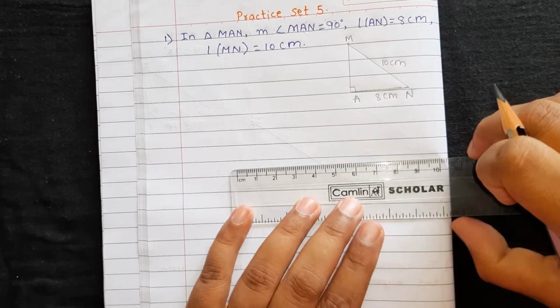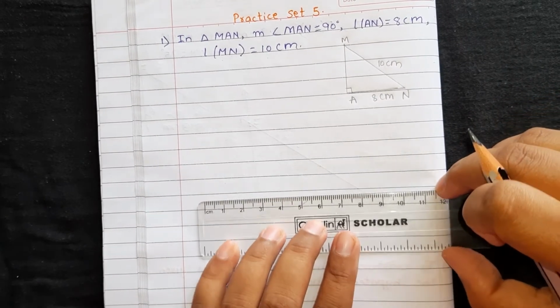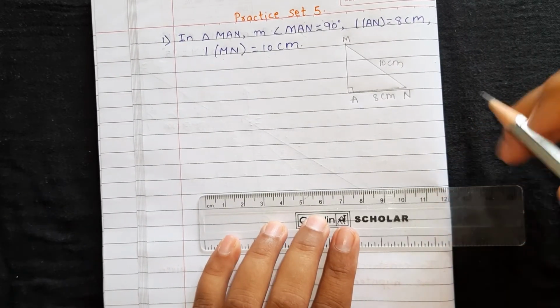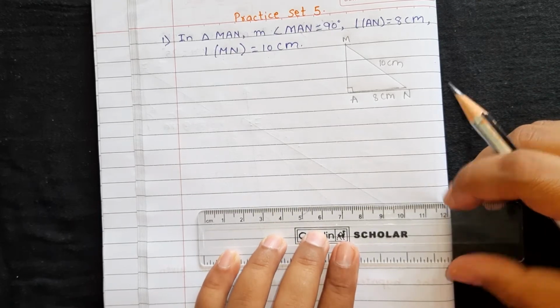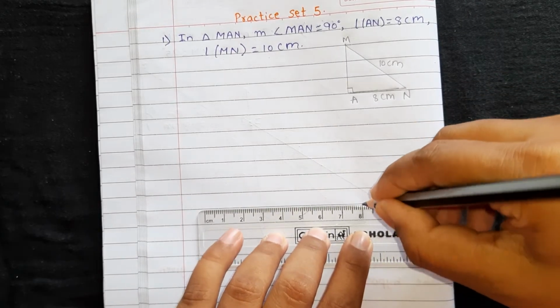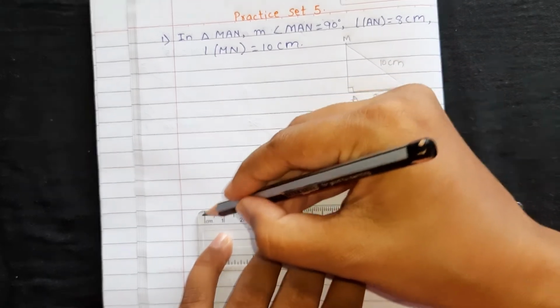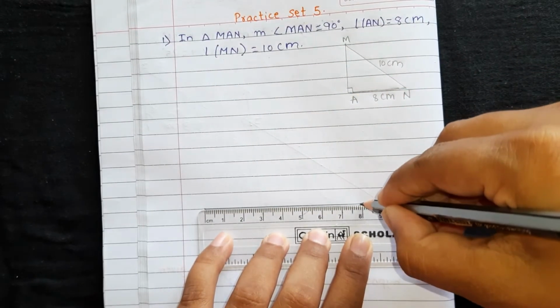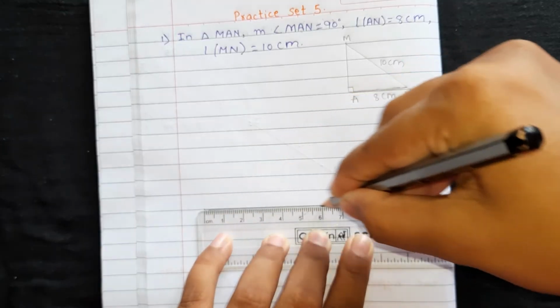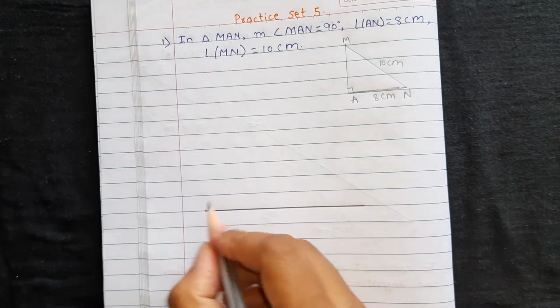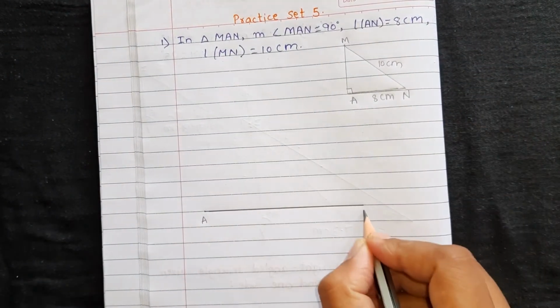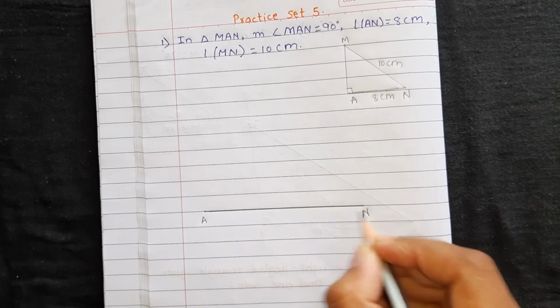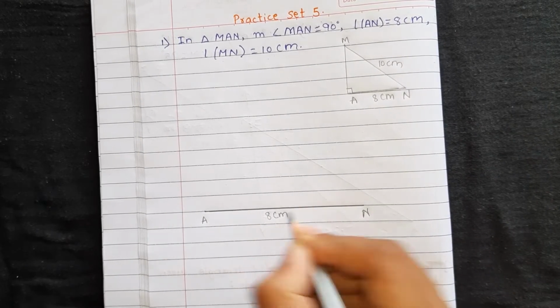So we will start. First draw a base of how much? 8 centimeter. So this is 8 and this is 0. Give 2 dots first and then join the 2 dots. Give it a name A and N. AN is 8 centimeter.